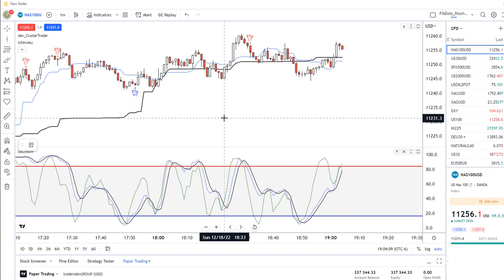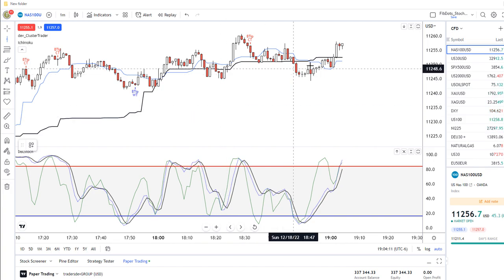No, it's a private one. I'll have to send it to you. I think I can send it to you, make it available to you. What I need is both of your TradingView usernames. And it has to be perfect, the capitals, the underlines, all that stuff has to be perfect. And then what I'll do is I'll give you permission.